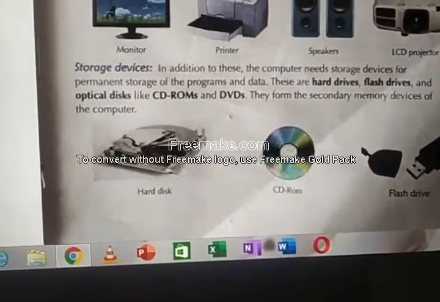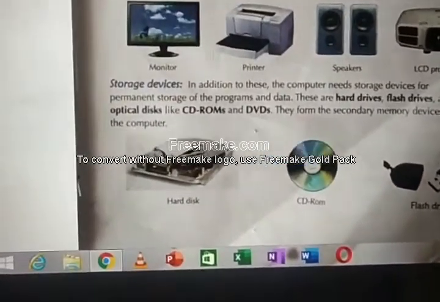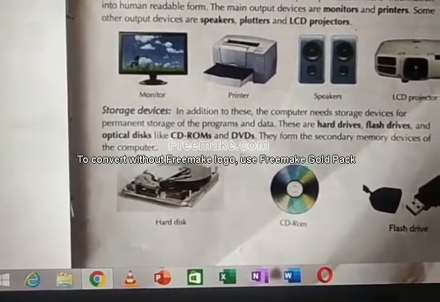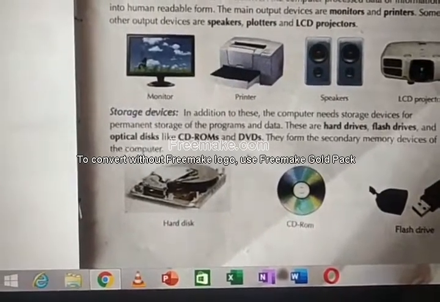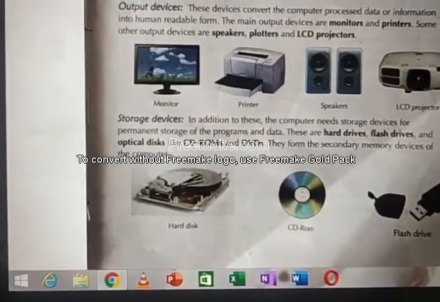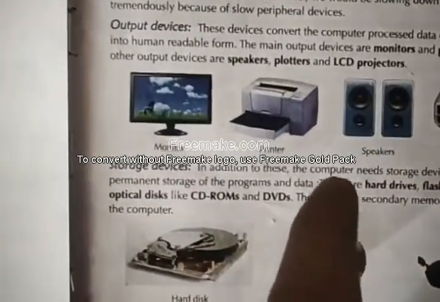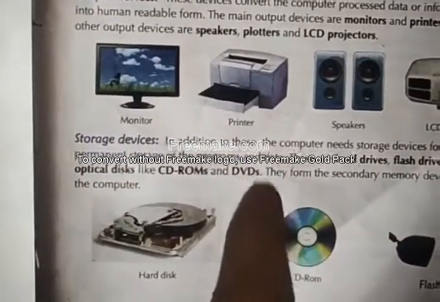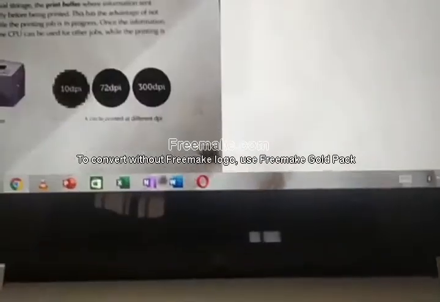In addition to these, the computer needs storage devices for permanent storage of program and data. These are hard drives, flash drives, and optical discs like CD-ROMs and DVDs. From the computer till DVDs, that is the answer for question number 6.